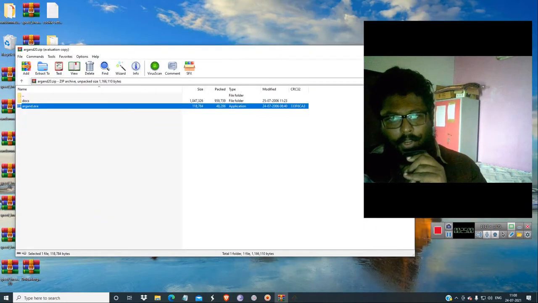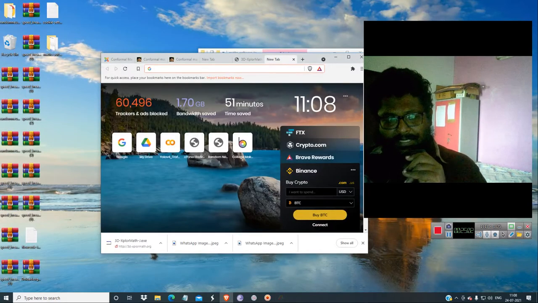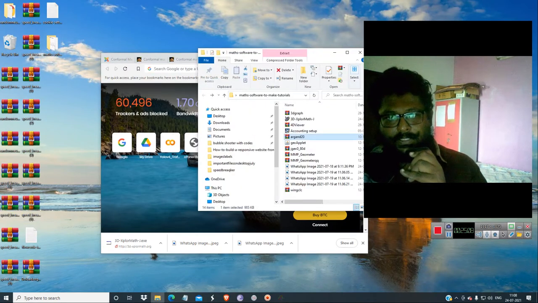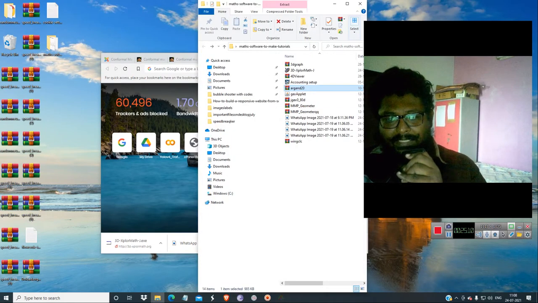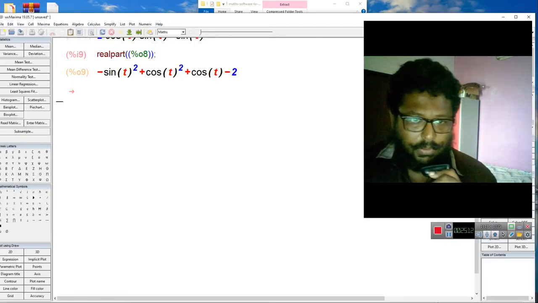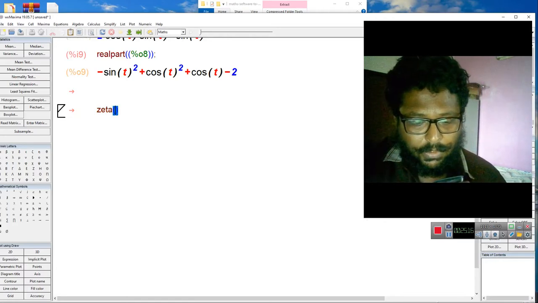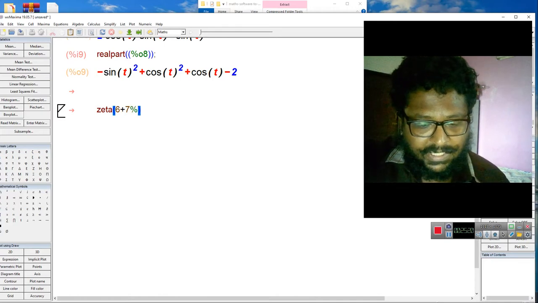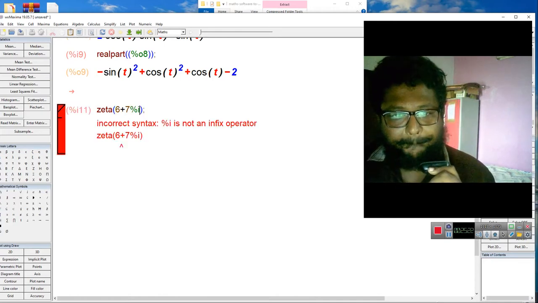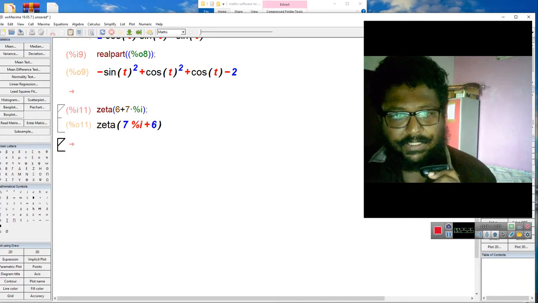There are lots of software which deal with this, and there are lots of things to deal with this kind of thing. First of all, I have to tell you that the zeta function is not that easy to plot. For example, when you put zeta of 6 plus 7 percentage I, it just gives a percentage I, and you deal with it.